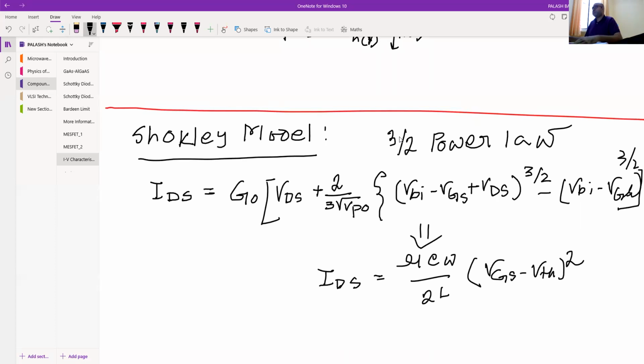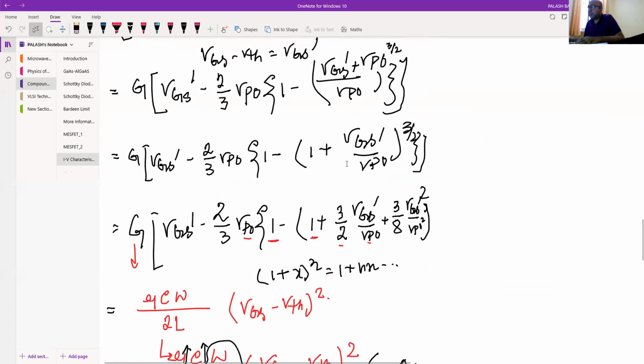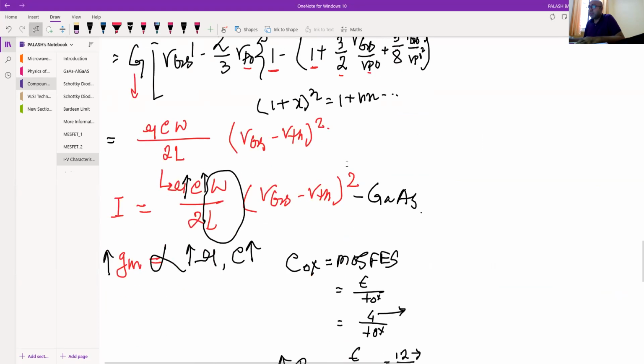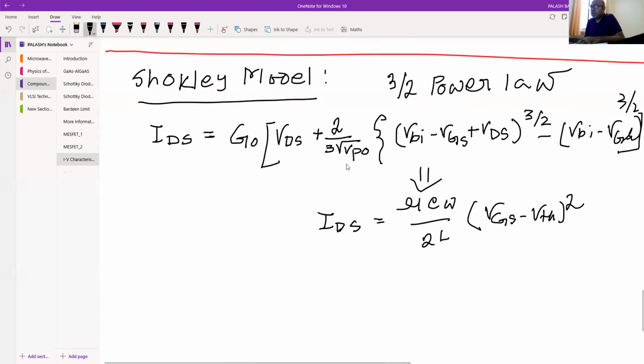Right? That's what we have derived last day, and this is what we call the saturation region.